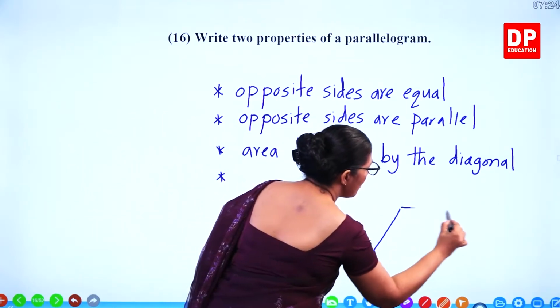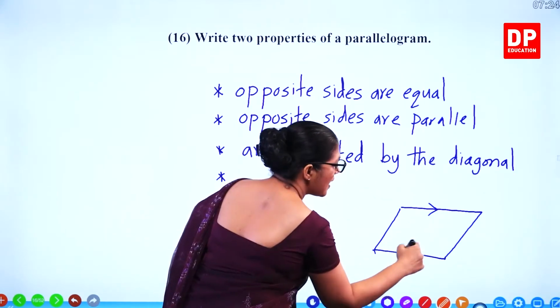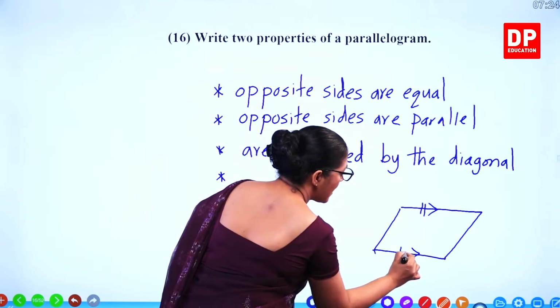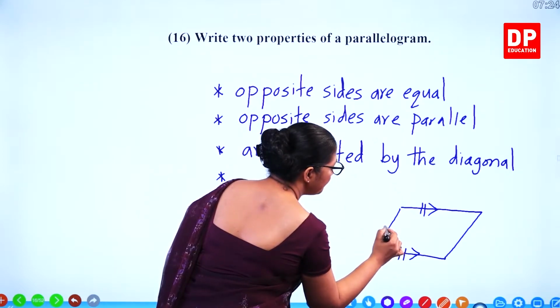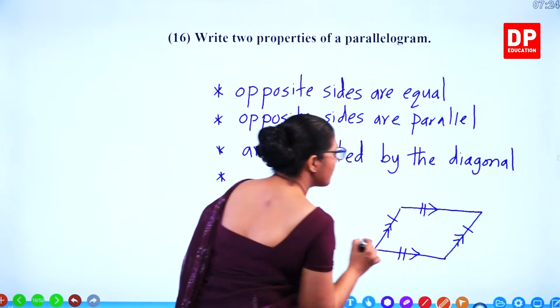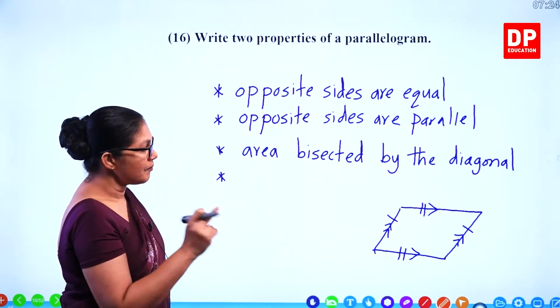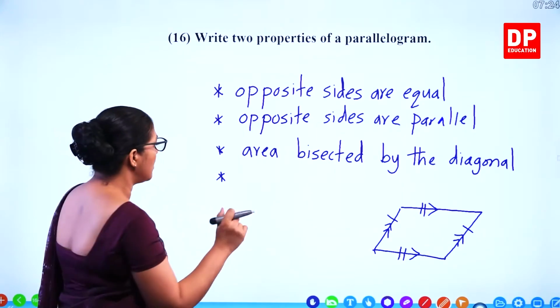We'll draw a parallelogram and mark everything. Opposite sides are parallel, opposite sides are equal. Then one pair of opposite sides equal and parallel.